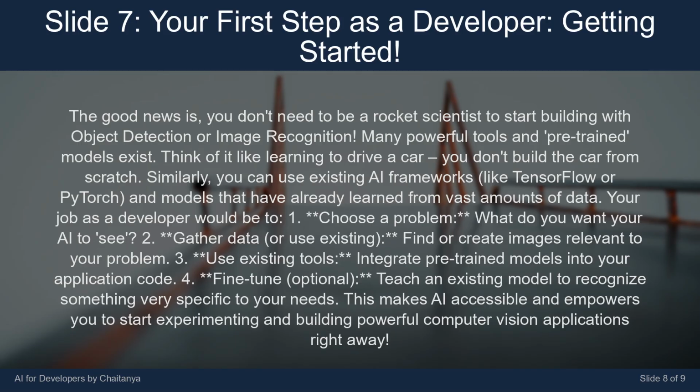What do you want your AI to see? 2. Gather data or use existing. Find or create images relevant to your problem. 3. Use existing tools. Integrate pre-trained models into your application code. 4. Fine-tune, optional. Teach an existing model to recognize something very specific to your needs. This makes AI accessible and empowers you to start experimenting and building powerful computer vision applications right away.